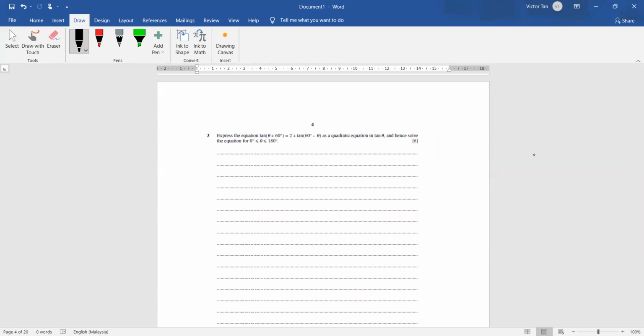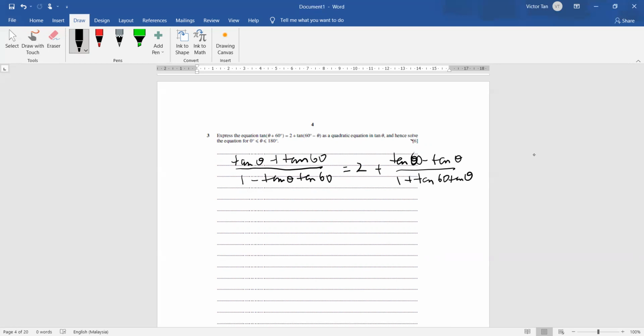So using the compound angle formula, tangent theta plus tangent 60 over 1 minus tangent theta tangent 60 equals 2 plus tangent theta minus tangent 60 over 1 plus tangent 60 tangent theta.